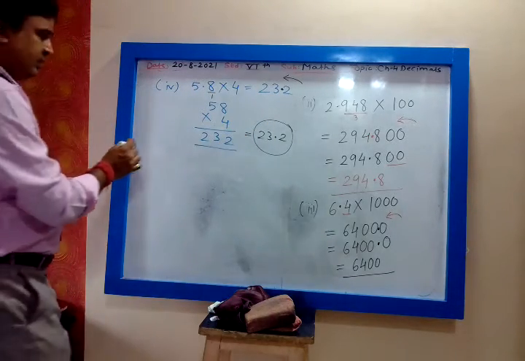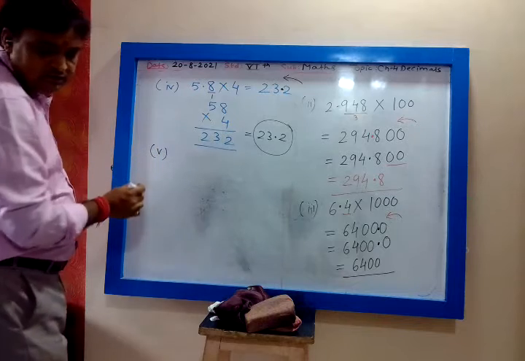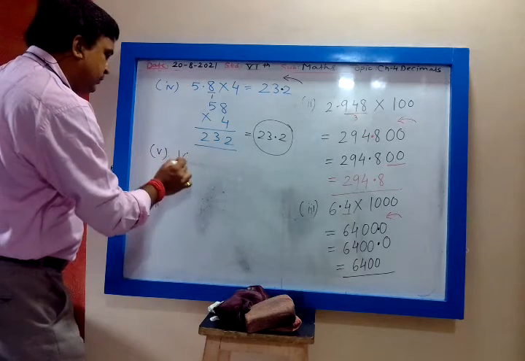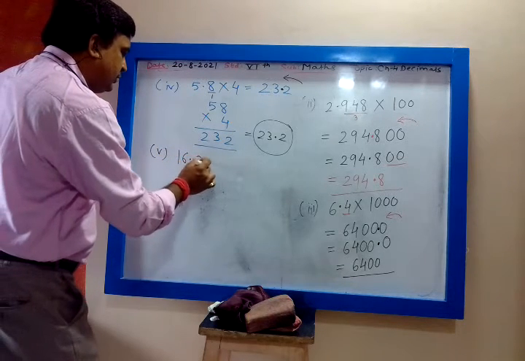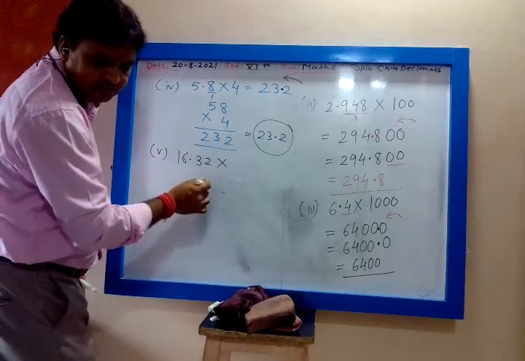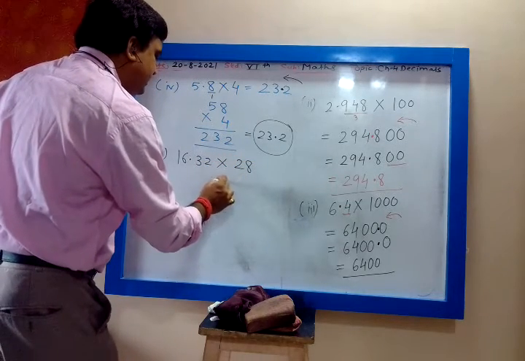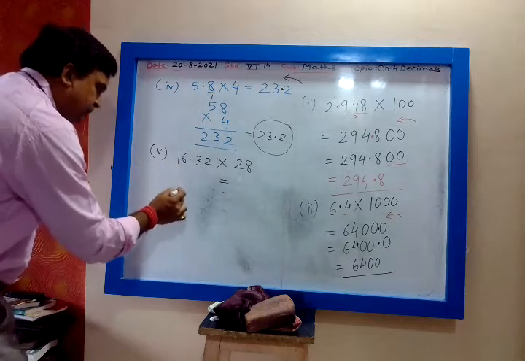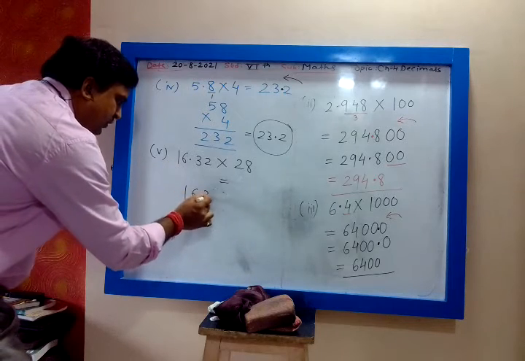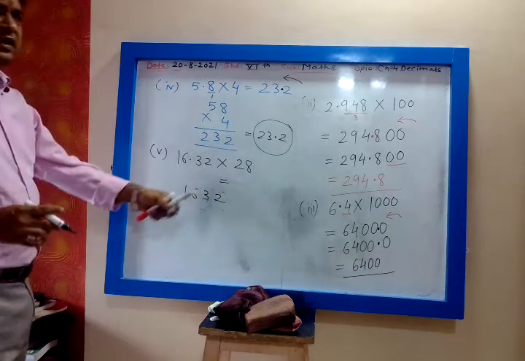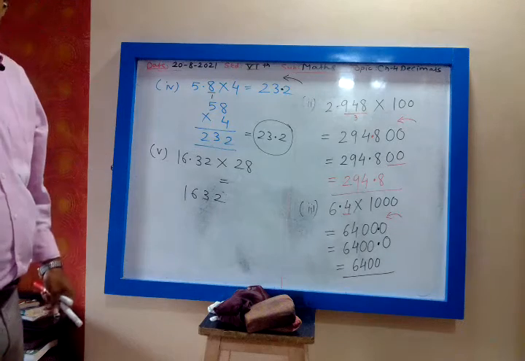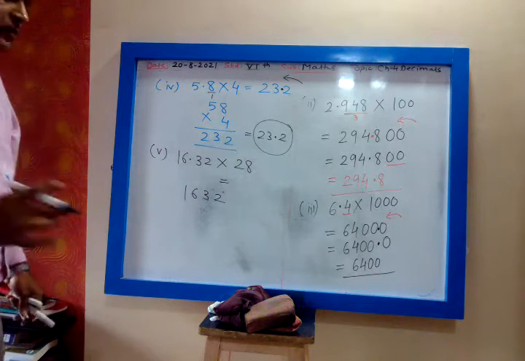Then the fifth one, 16.32 by 28. So let us see what is the answer. No homework. 1632. While multiplying you neglect the decimal. 1632 multiplied by 28.